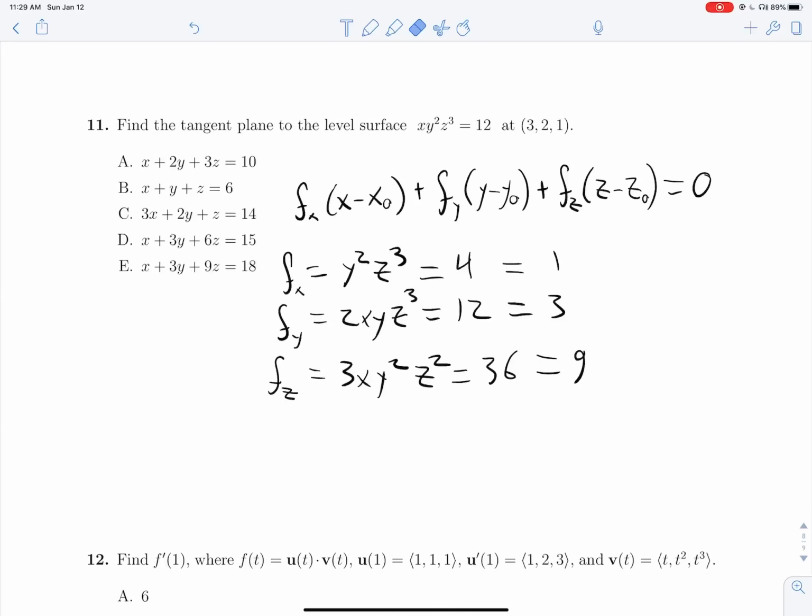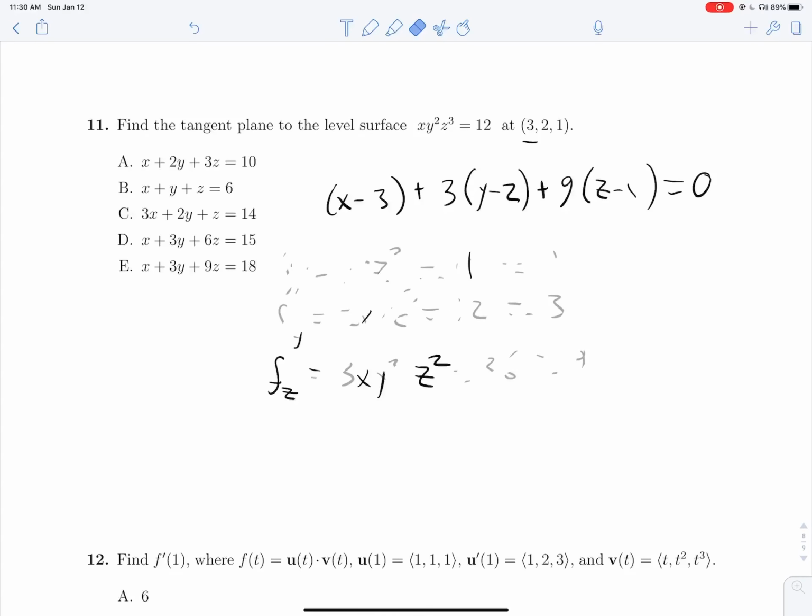So we can plug things in now. Fx is just 1, where x naught is, remember, just going to be our x value of the point that we're evaluating it at. That's just going to be 3. Fy is 3, where y naught is 2. And fz is 9, where z naught is 1. So now, if we've done everything correctly, this should be equivalent to one of our answer choices over here.